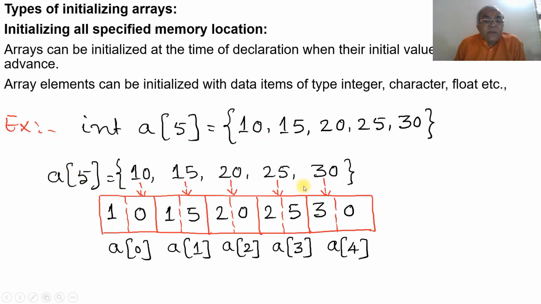That is the pictorial representation shown here, wherein we have a0, a1, a2, a3, a4, that is 5 elements. We have 5 elements, and here also you have 5 assigned values. So a0 is assigned 10, a1 is assigned 15, a2 is assigned 20, a3 is assigned 25, and a4 is assigned 30.